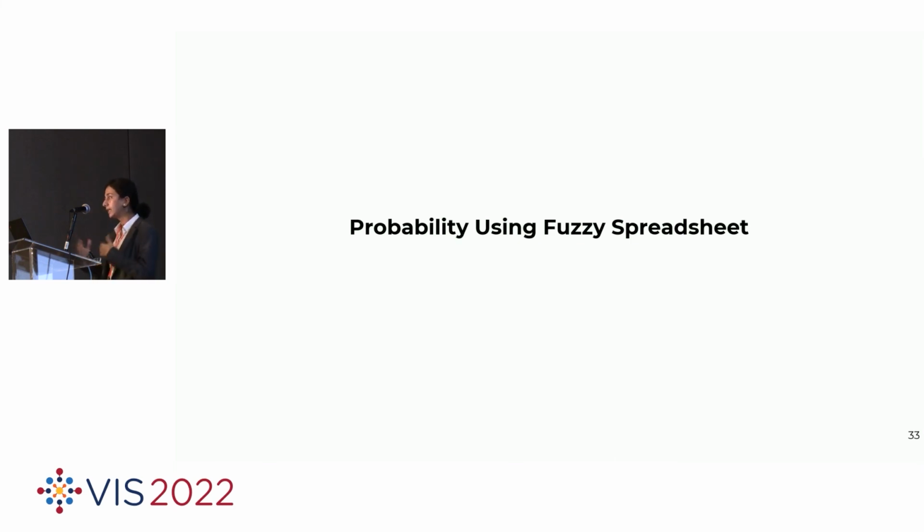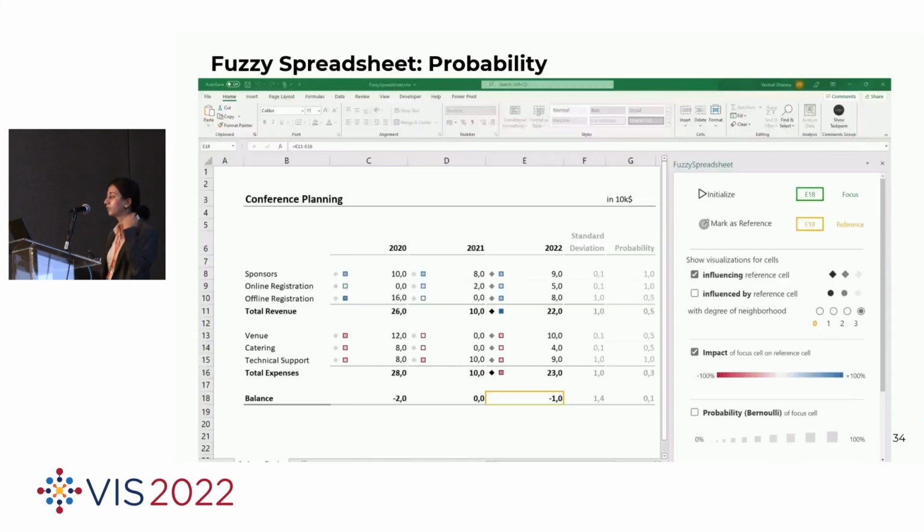What do I mean by that? First, we would like to have a look at the probability of an event occurring, which is specified in the column next to our cell. A probability of 1 means that the event will happen for sure, and a probability of 0 means that an event won't happen at all. To view this information, we can simply enable the option again from the side panel, where you can see that the in-cell encodings have changed their size.